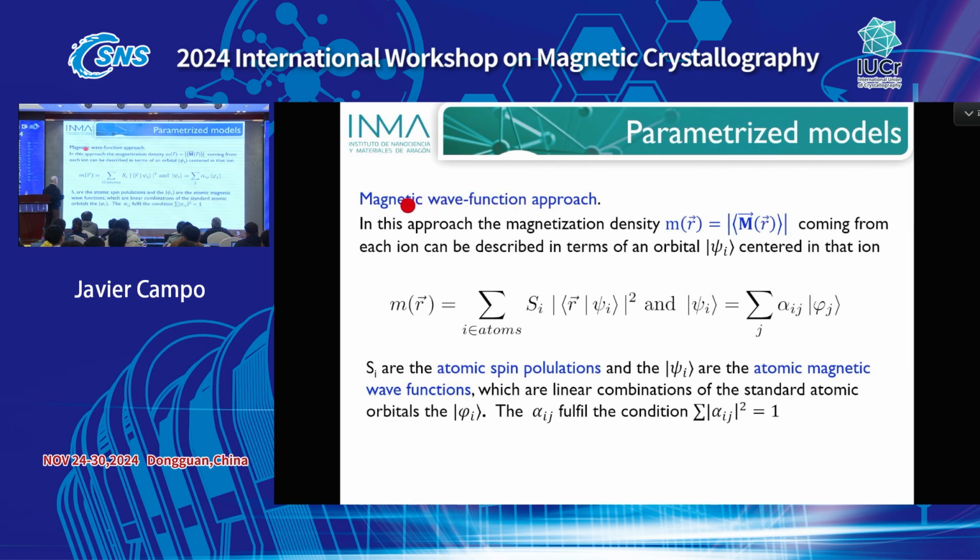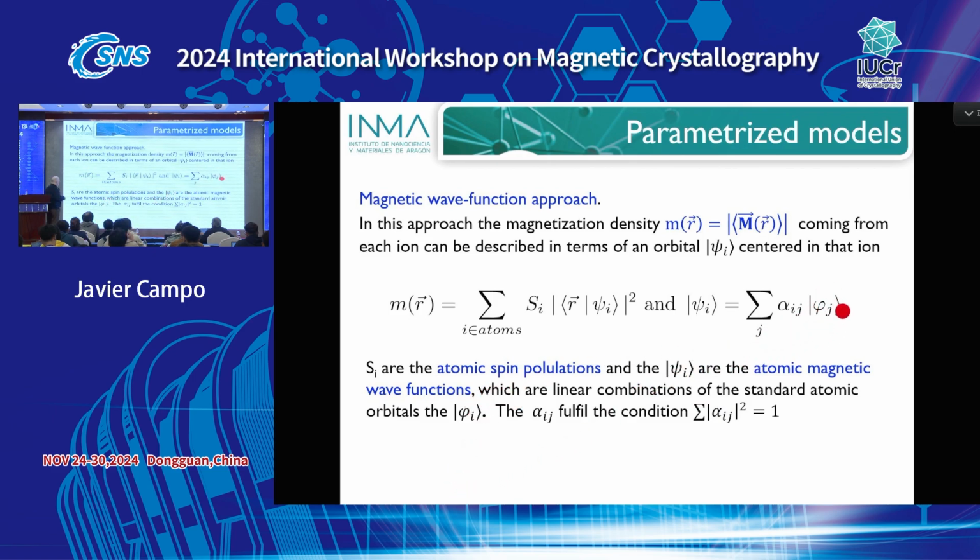That means the magnetic orbital, and then the spin density will be the sum over all the atoms, one population for each atom, and this projection, modulus squared, where phi, you can see here, are the atomic magnetic wave functions, which is a linear combination. The coefficients must be modulus 1 of the standard atomic orbitals.